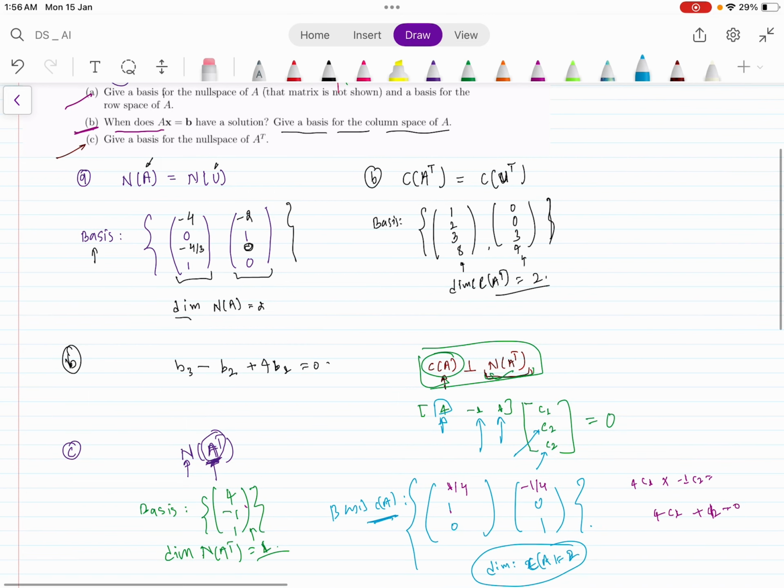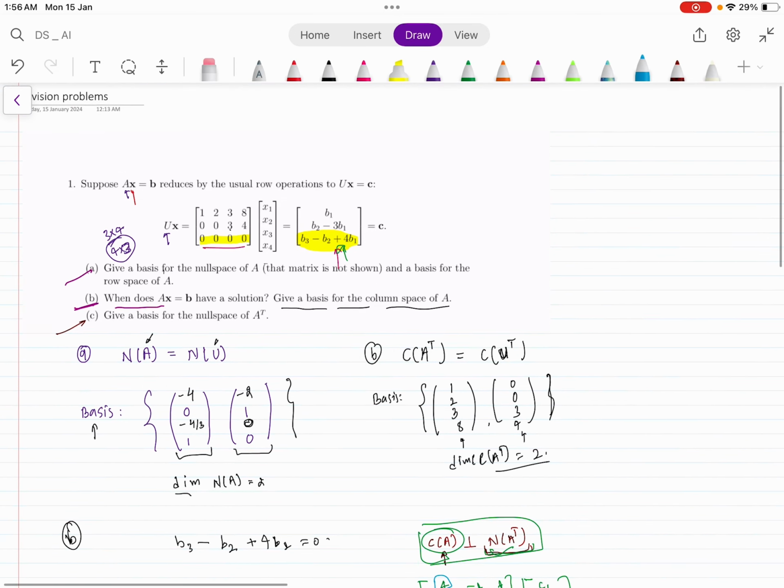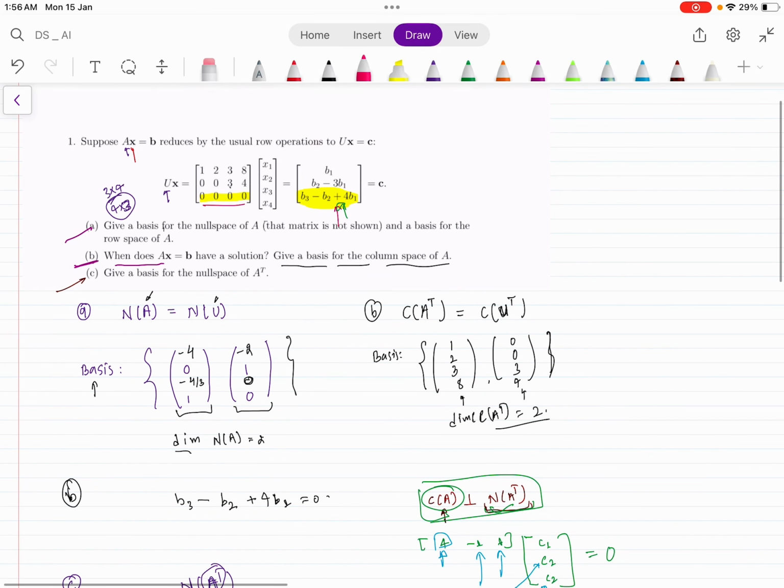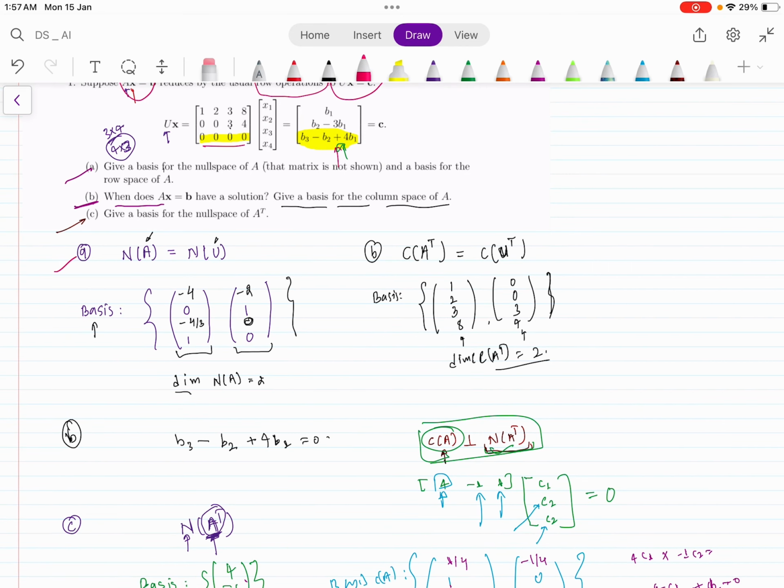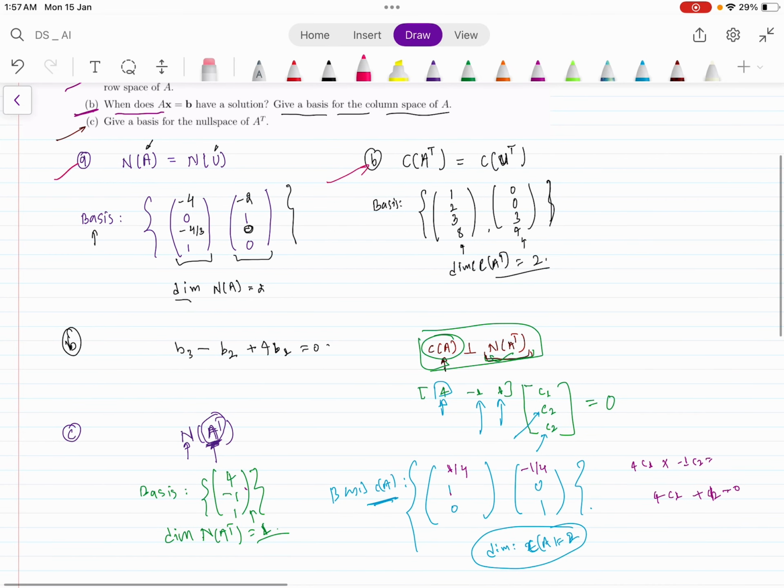The overall point in this question is what will be the effect on your 4 fundamental subspaces when you apply the row operation, and you convert your system Ax equals B to Ux equals C. The null space is going to be the same, the row space is going to be the same, but the column space of matrix A and U will be different, right?